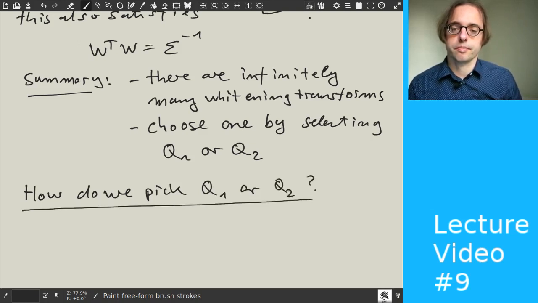We can pick Q1 or Q2 by looking at the effect of Q1 and Q2 on a different thing that we haven't looked at so far.